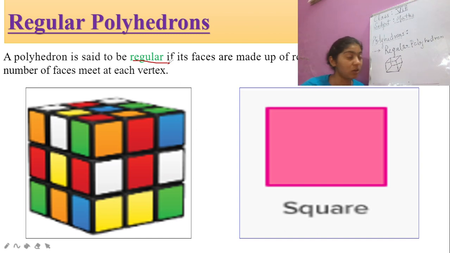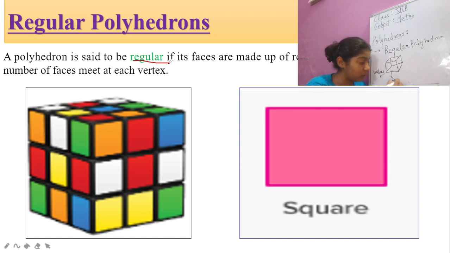That means it is not a rectangle. So the regular polyhedrons are those which have faces with regular polygons, which is a square here, and in the example the number of faces meeting at each vertex is the same. We can see that here we have 4 vertices and 1 face. So we can identify its faces and vertices with the help of it.